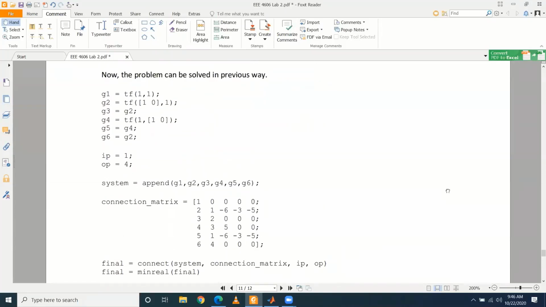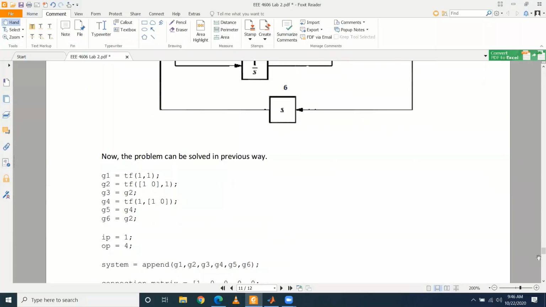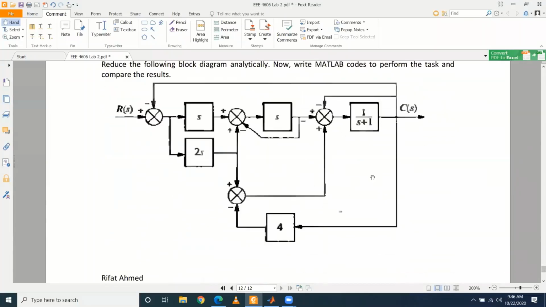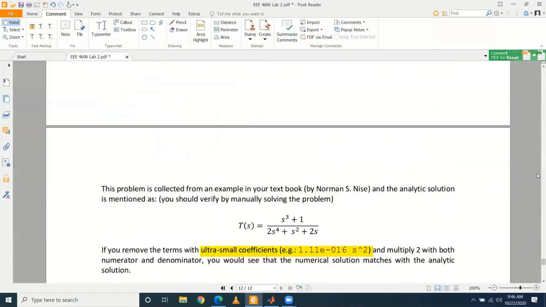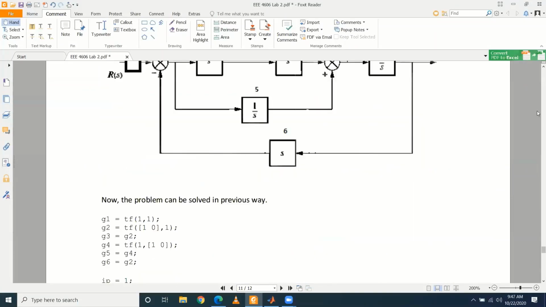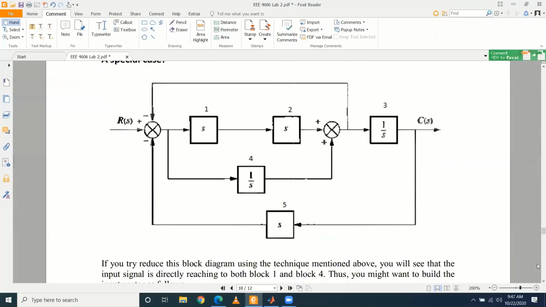Okay, so that is the end of this lab. You only have the lab task to do. This is also a part of the lab report. Your lab task is to do this one without adding any extra blocks.